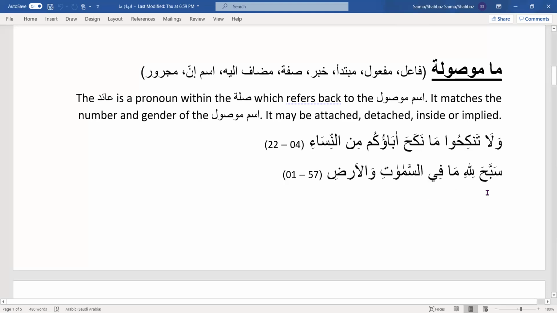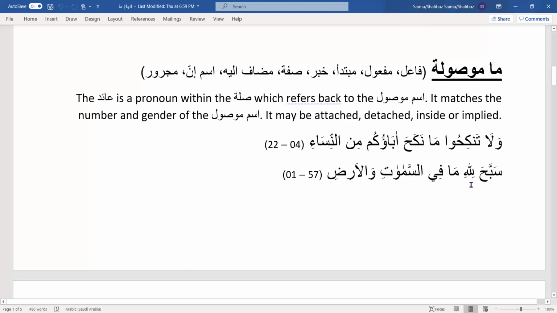Next example. Sabbaha lillahi ma fis samawati wal ard. What does this mean? Sabbaha, he glorified. Lillahi, for Allah. Ma fis samawati wal ard, whatever is in the skies and the earth glorified for Allah.